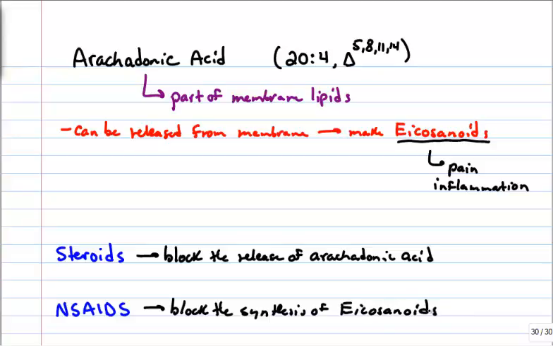And note the name, non-steroidal anti-inflammatory drugs. They don't act like steroids do, but they still can relieve inflammation. How do they do that? They actually block the synthesis of eicosanoids from arachidonic acid. And in class we'll talk about some popular NSAID pain relievers.